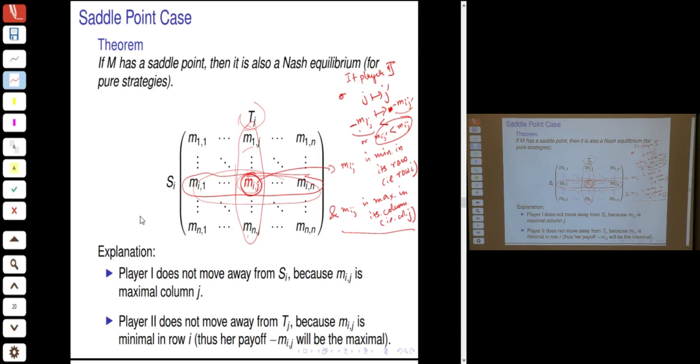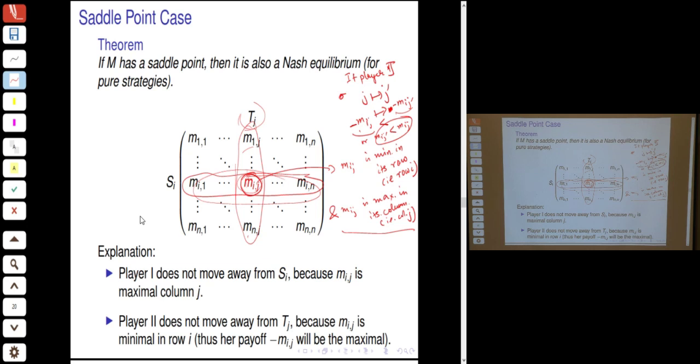So Mij being the saddle point immediately implies that if player 1 sticks to his choice of strategy I, then it does not make sense for player 2 to move away from strategy J to any other strategy J prime. So therefore both the conditions of Nash equilibrium are satisfied.